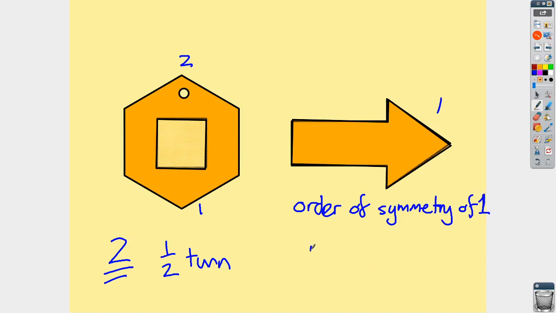But what this really means is it has no rotational symmetry. An order of symmetry of 1 means you have no rotational symmetry, because it's only ever in the position you wanted to watch for when it's back at its starting point. So no rotational symmetry.